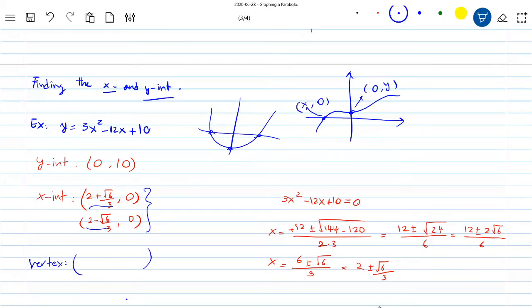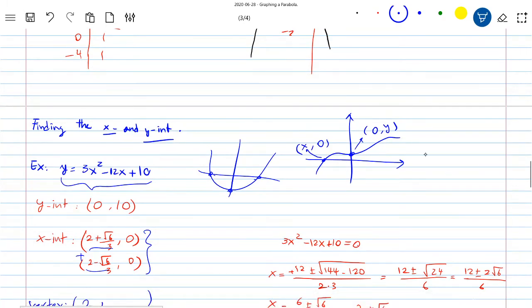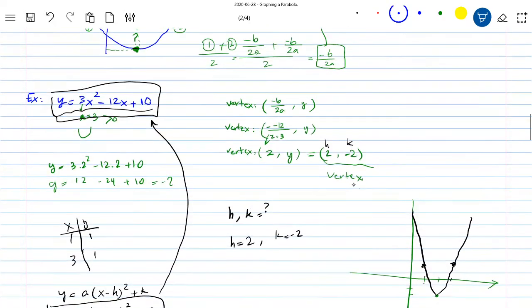If you add these two numbers together, the square roots will cancel out because they're opposite. 2 plus 2, 4. The average of it is simply 2, which is the same as negative b divided by 2a. We already have done this example. We did it up here.